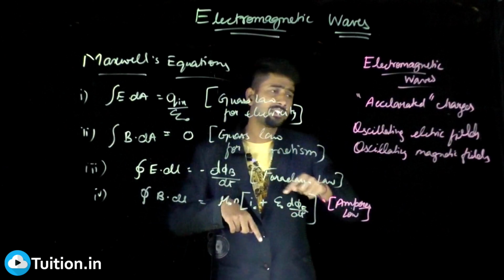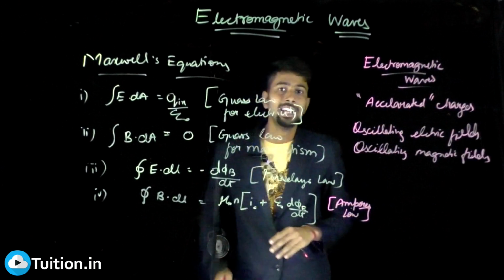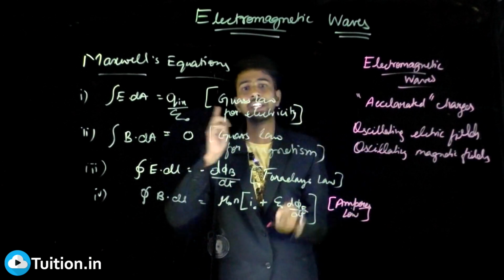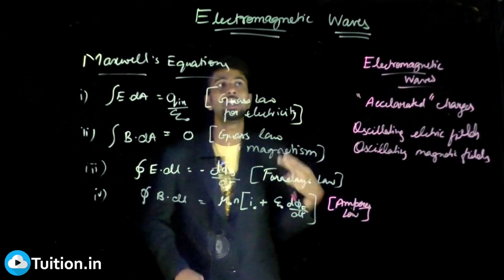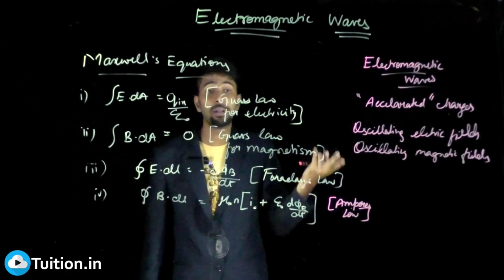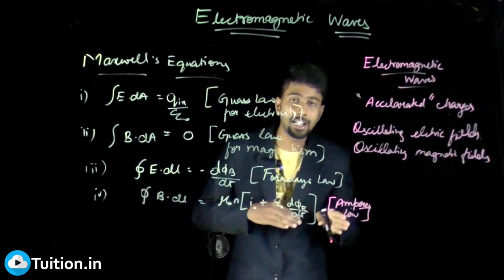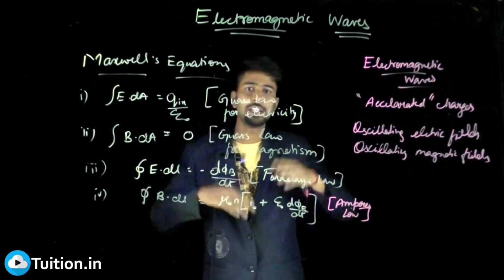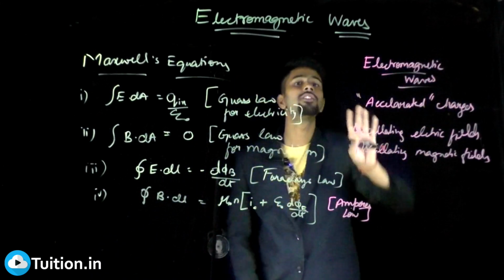So accelerated charges produce both of these, and then these in turn keep producing each other, right? An oscillating electric field produces an oscillating magnetic field, and that oscillating magnetic field produces another oscillating electric field. This oscillating electric field produces another oscillating magnetic field. So it keeps going on that way, and that's how this entire electromagnetic wave is produced.